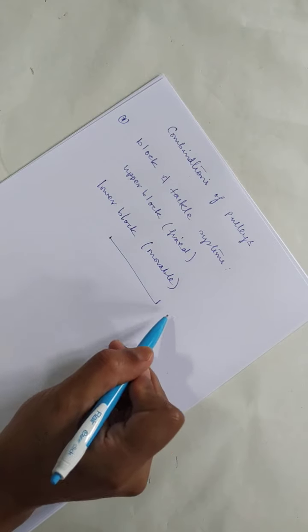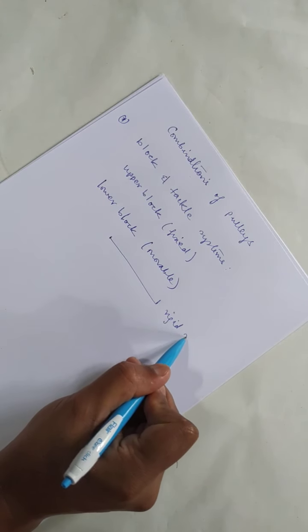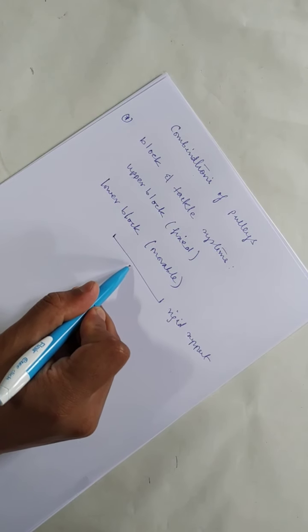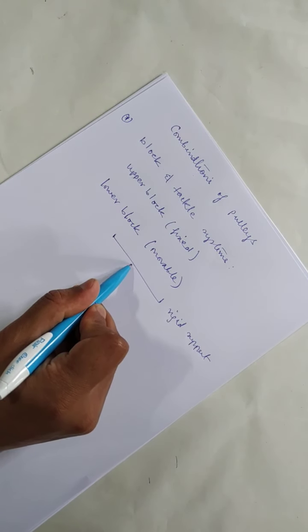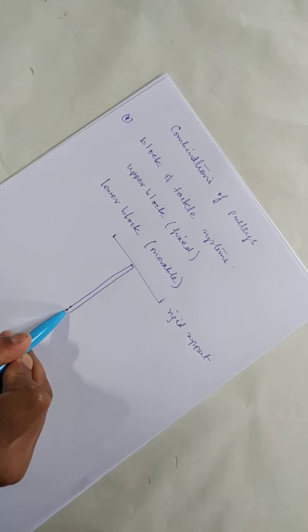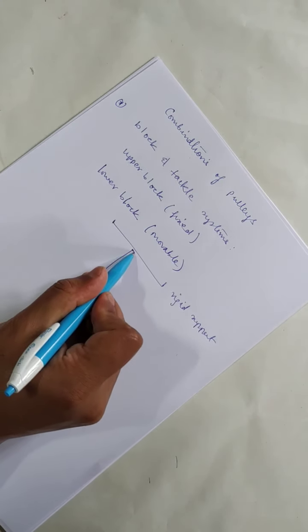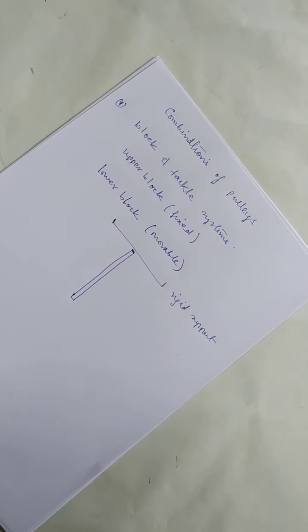This is a rigid support, and I will take one block. This is a very rough free sketch diagram, so please ignore the diagram there and concentrate on trying to understand the concept.